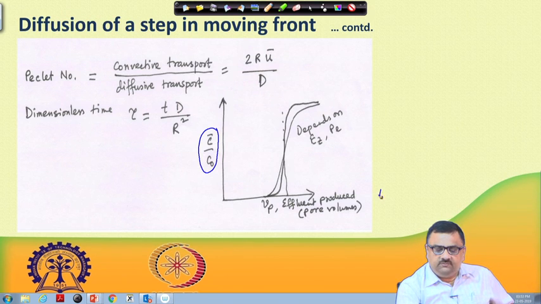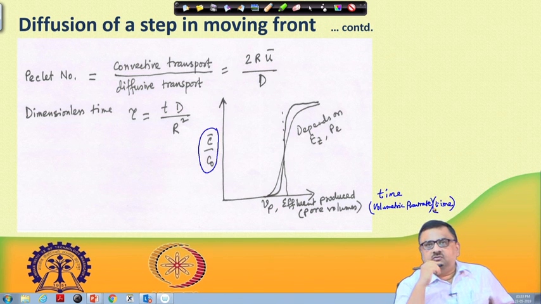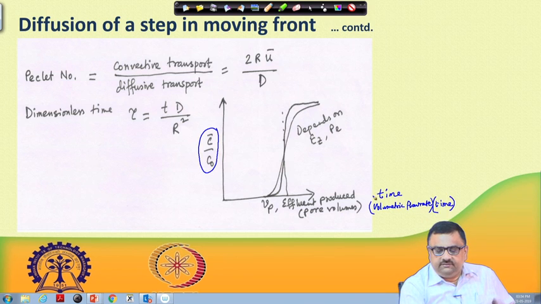One could be simply time, or it could be the volumetric flow rate multiplied by time. So, this could be the x axis or this could be the x axis.